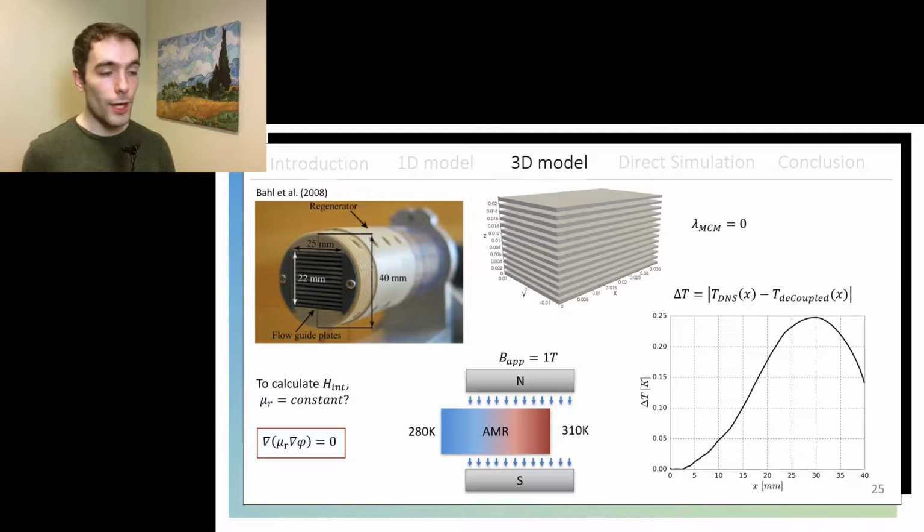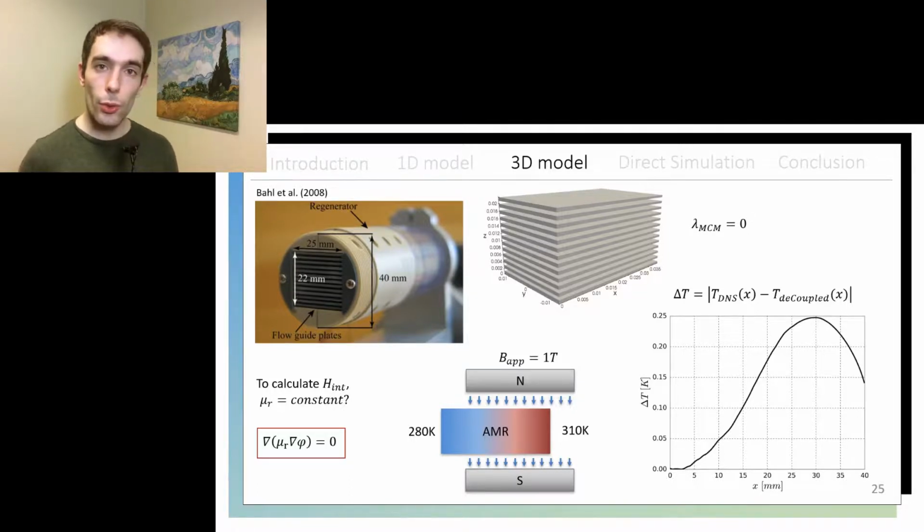But first of all, I wanted to check if the magnetic field resolution could be decoupled from the temperature field of the solid phase. And well, for that, I chose to simulate a single magnetization step on a regenerator that started with a linear temperature gradient between 280 and 310 kelvins, and the applied magnetic field was 1 Tesla.